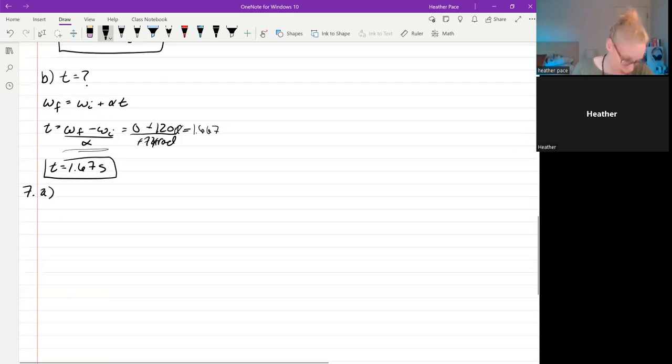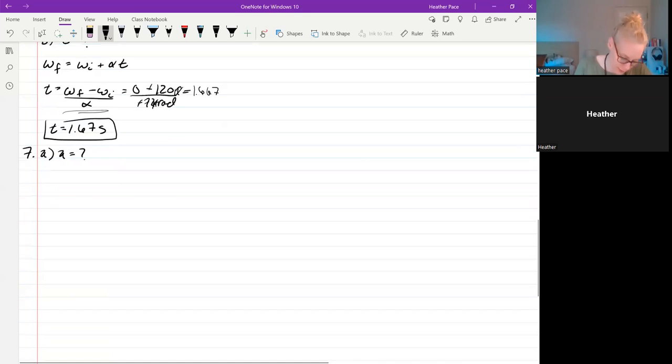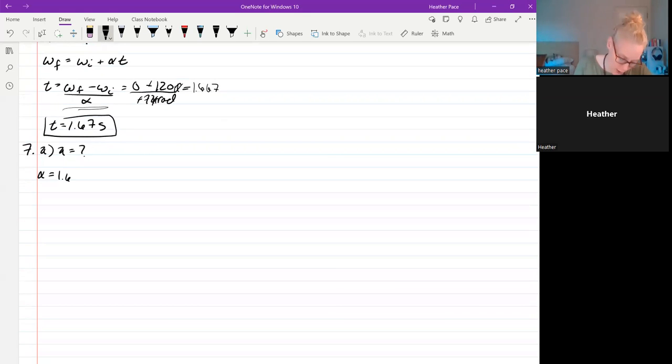We are given alpha was 1.60 radians per second squared, and we are given R equals 0.38 meters. Whenever you can just put something in an SI unit, like meters, just do it in your head and put it down. So much simpler than waiting until the end.